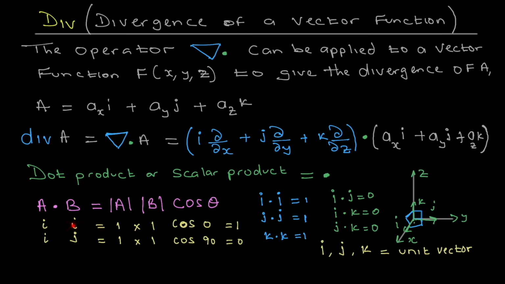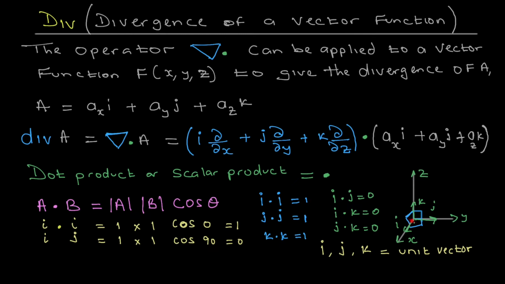But i is a unit vector. A unit vector means i is 1, j is 1, k is 1. Therefore i dot i will be 1 times 1 cos of 0. Cos of 0 is 1, so that will be 1.